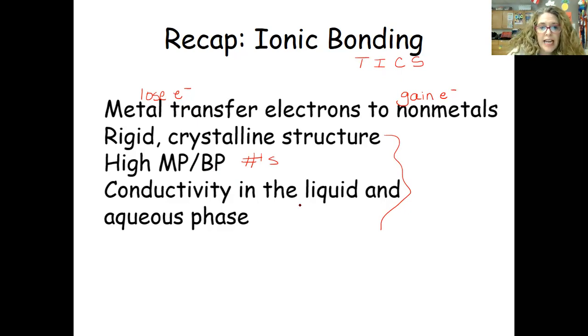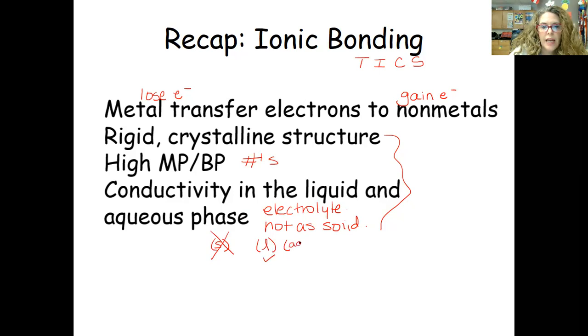And conductivity in the liquid and the aqueous phase, because that is the definition of an electrolyte. Not in the solid phase. So you really need to pay attention to the phase. If you see a little s, that's not conductive. If you see an L, that's conductive.